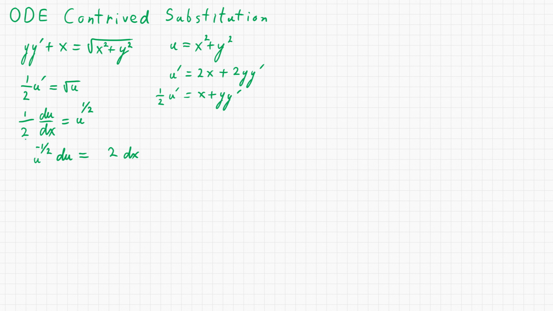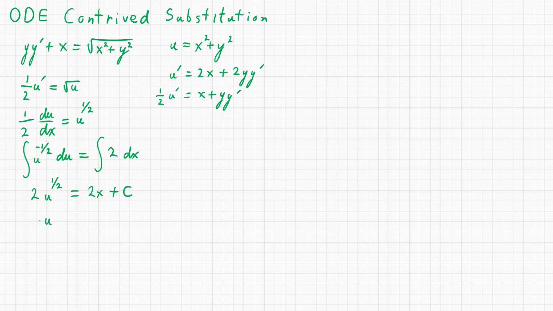Yeah, and we can integrate. So u to the negative 1/2, if I integrate that, it'll become u to the positive 1/2. But then I have to take care of the power rule, so I need to put a 2 in front. And that'll equal, so 2 integrates to 2x, and I've got my plus c. Let's go ahead and divide by 2.